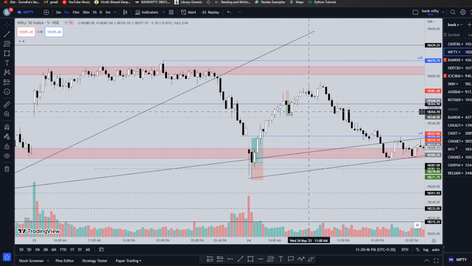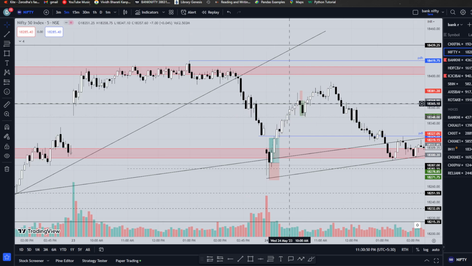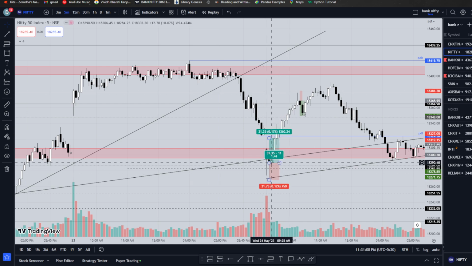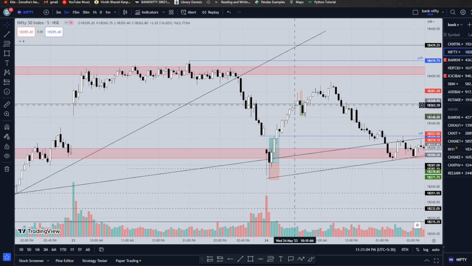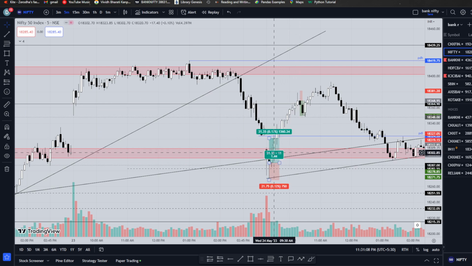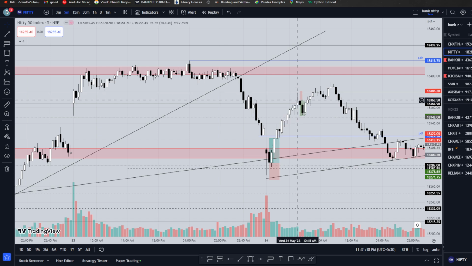My target was absolutely up to the mark because this was not a place where I could have taken a very big target or big position. My position was also extremely small. So this trade gave me 1,000 rupees profit, and this entry trigger I already told you. The trigger was a shooting star, a perfect shooting star setup.